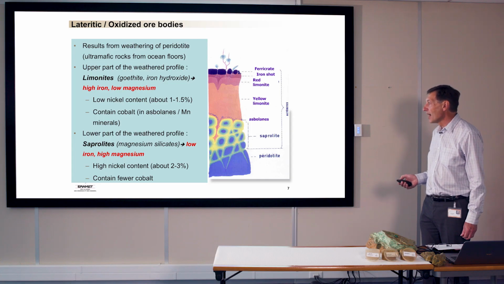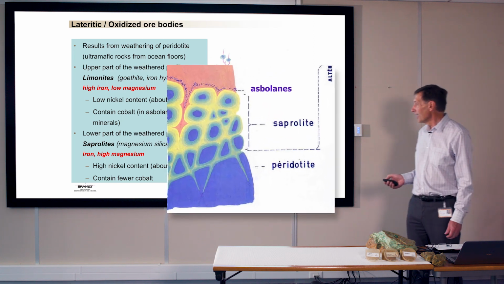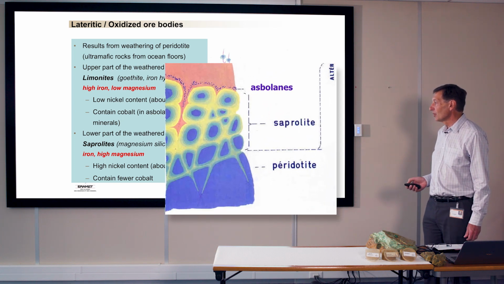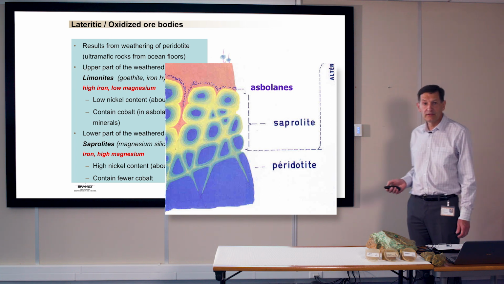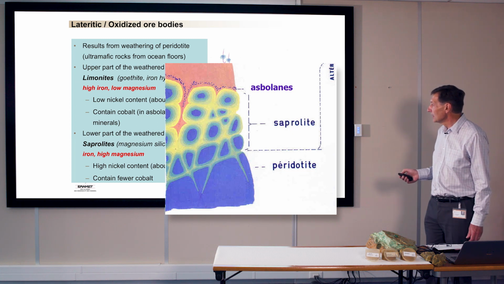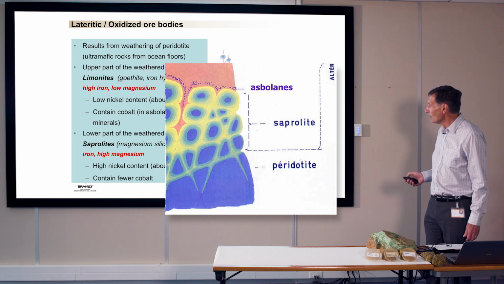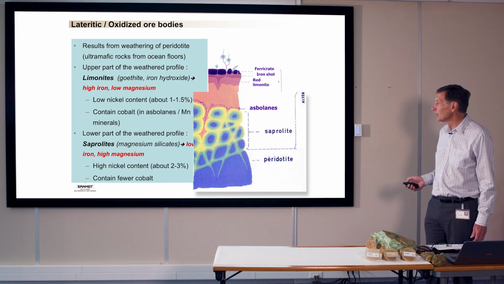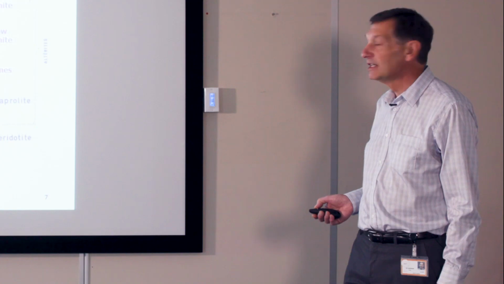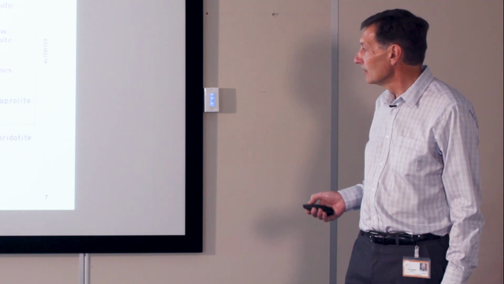On the lower part of the ore body you find saprolite. Saprolite is a magnesium silicate, very low in iron, very high in magnesium, and the nickel content from the upper part has reprecipitated in this saprolite, and you can find very rich nickel ore in this part of the ore body.